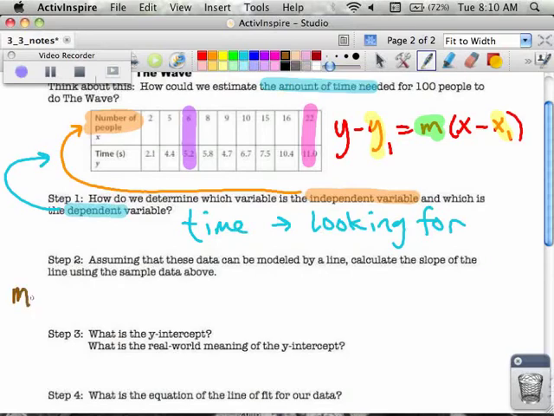So my slope equals 11 minus my first y value, which is 5.2, divided by my second x value, which was 22, minus my first x value, which was 6. So on the top, I believe I get 5.8. And on the bottom, I get 16.